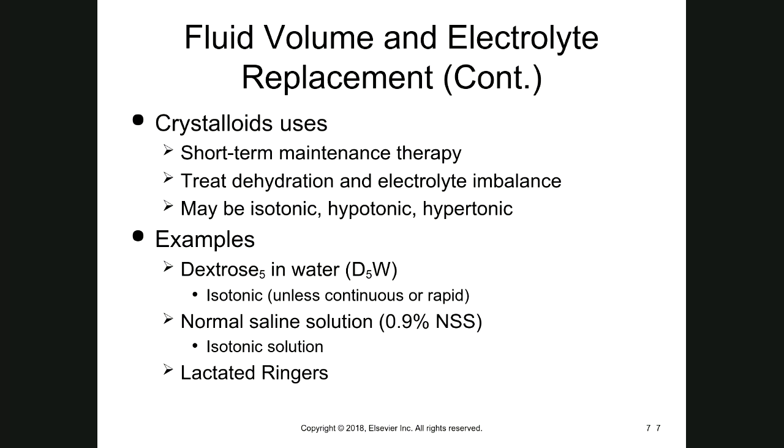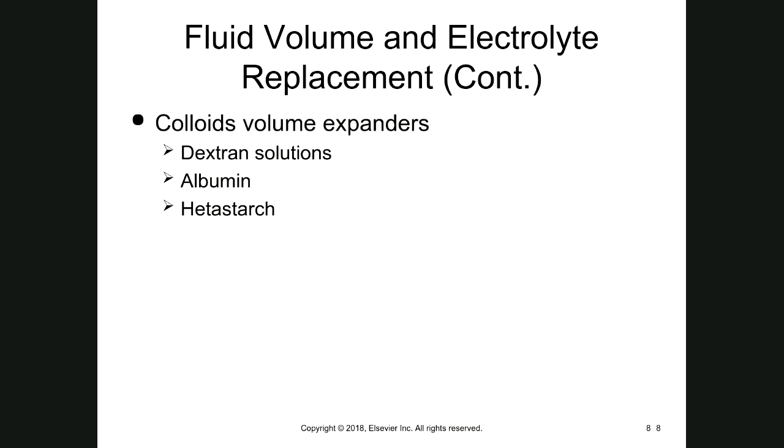We got the crystalloids, and here are some of the examples. Colloids, which basically are volume expanders. Balanced electrolyte solutions, like LR, contain electrolytes, but they don't contain magnesium.